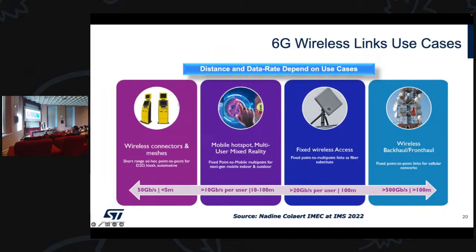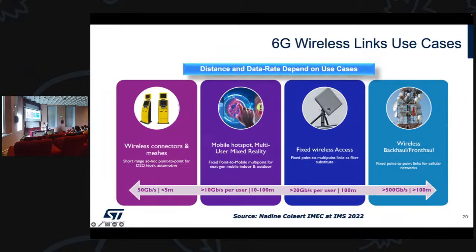This is what is targeted with 6G: 6G targets 10 gigabit per second per user everywhere. Distance is 10 to 100 meters. For this, you need specific technologies, so InP or GaN to address the 100 meters.